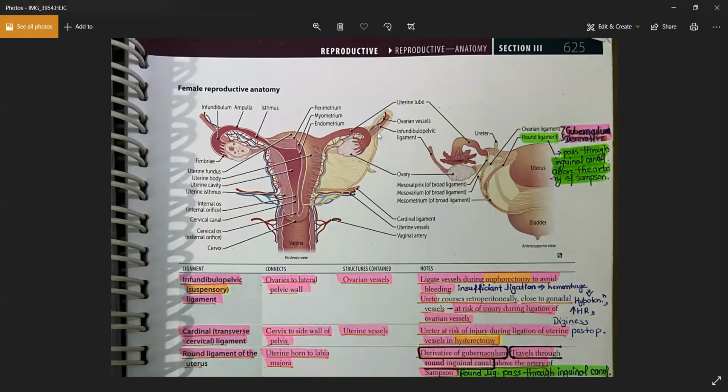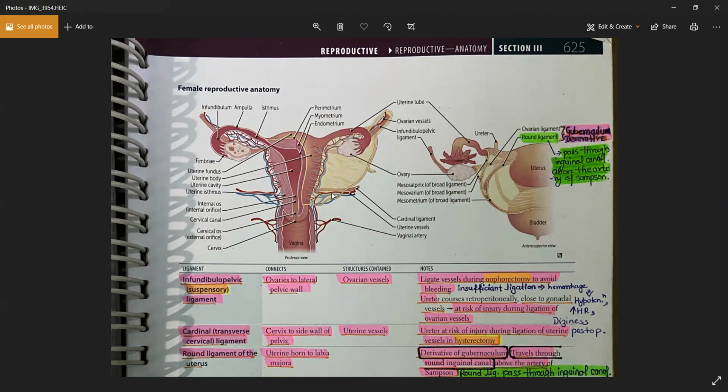Remember the descent of the ureter, and I told you after that it will go down and deep dive into the cardinal ligament, right? These are the uterine ligaments I told you. On the anterior side, you have the uterine ligaments in the female, and in the males, you have the vas deferens, right?